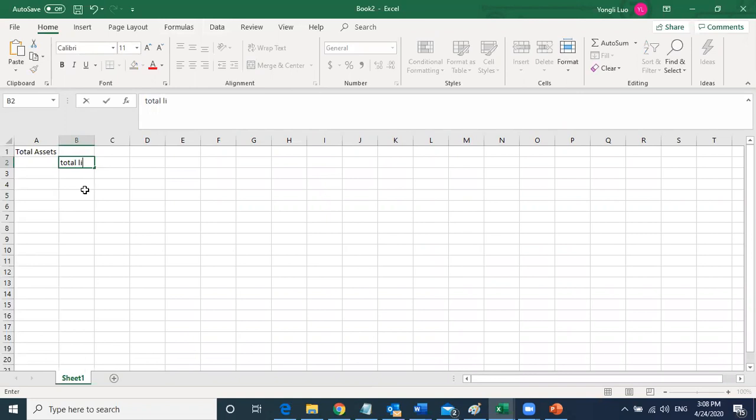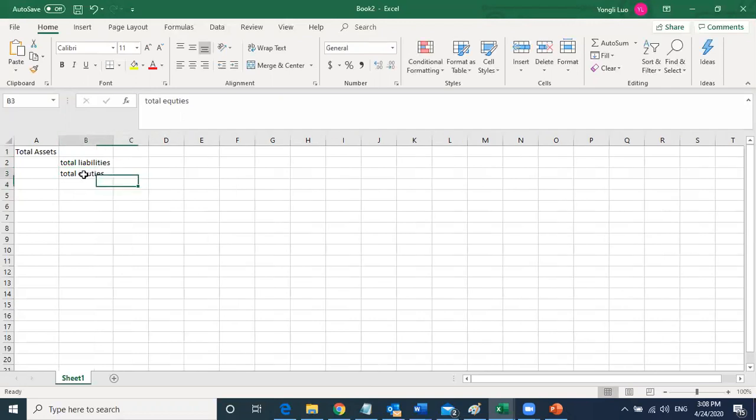This is your total liabilities and your total equities. The equity means stock, and the liability means bond. So you have bonds, and equity, which means stock.